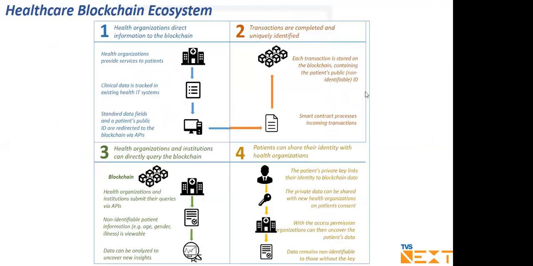When we look at the use case, we wanted to split it into 4 main areas where the healthcare ecosystem can look at blockchain. The first one is about how a blockchain system can integrate with your existing ecosystem, and how you can absorb the data.